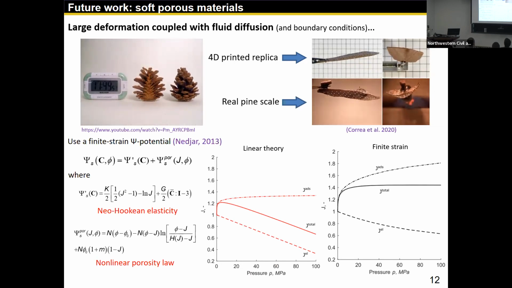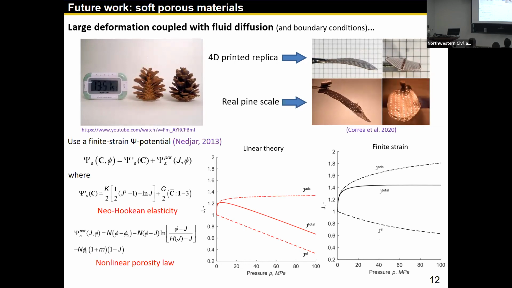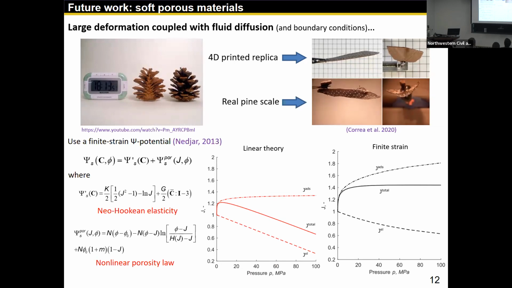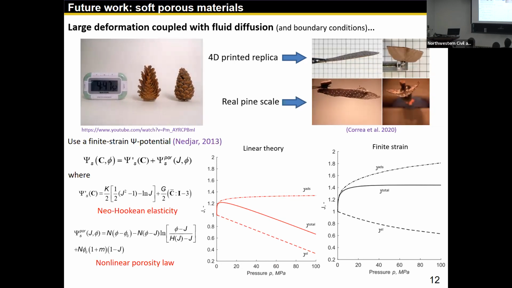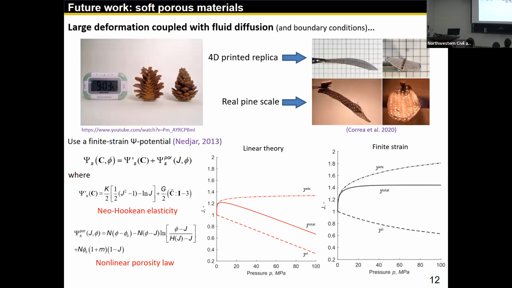And by the way, the vertical axis is J, the Jacobian, defined as the current volume over the reference volume. You can imagine that once it's pressurized more, it's going to cross zero and become negative, which is unrealistic because the volume of something is never negative. But the finite strain version is able to remedy that problem because the swelling strain can be 200%, could be very large.